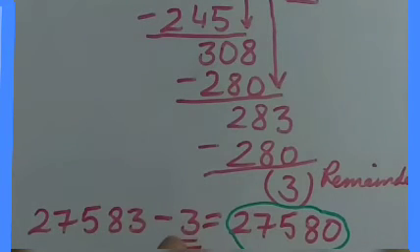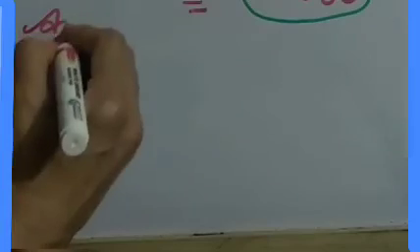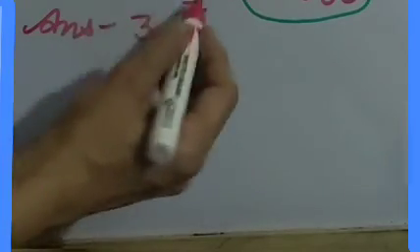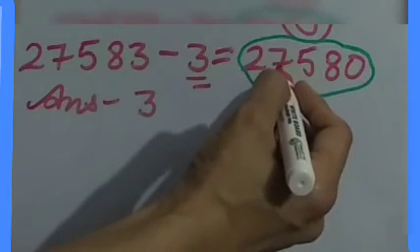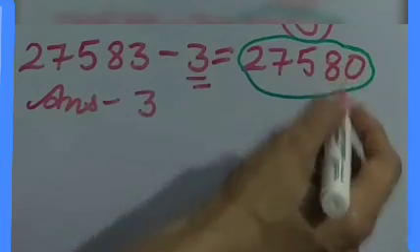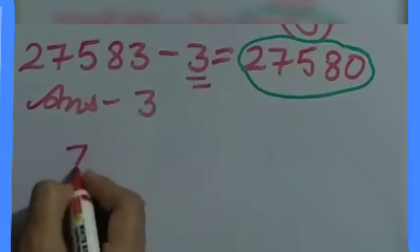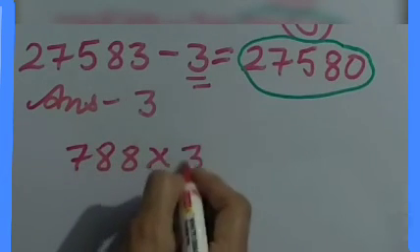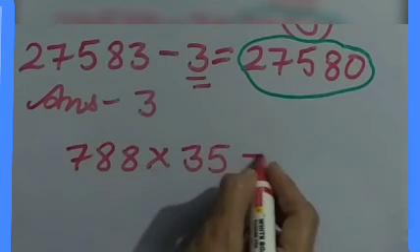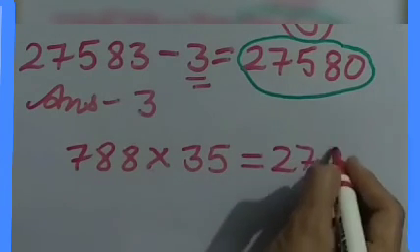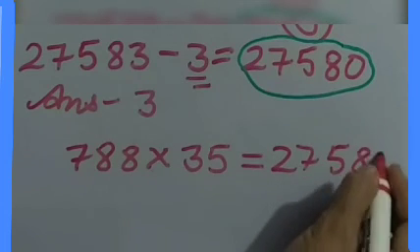This is 3. So the answer is 3. This is the least number. If I subtract, this number will come, 27,580. That is exactly divisible by 35 because 788 multiplied by 35, the answer will come 27,580.